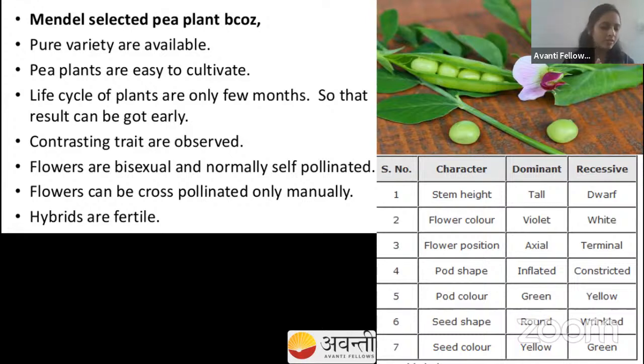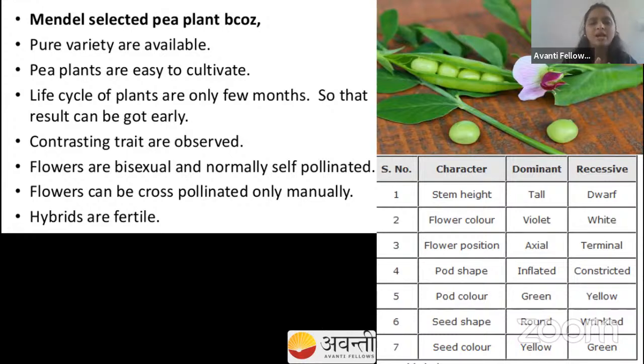Right, guys? One of the progeny will get a different color or different height. So whenever we do self-crossing, the progeny will be just like the parent. That type of variety we call a pure variety. In the pea plant, pure variety is available. That's why he chose it.